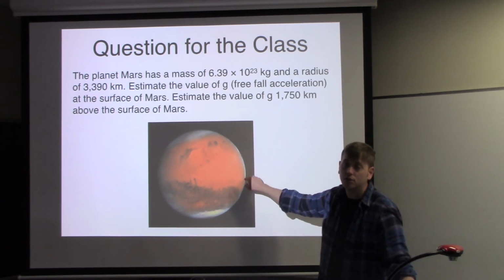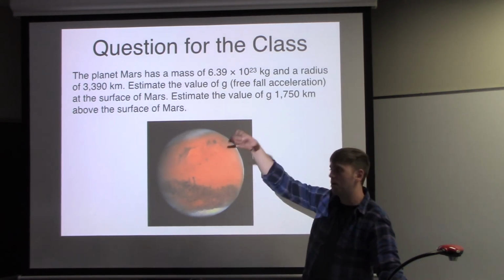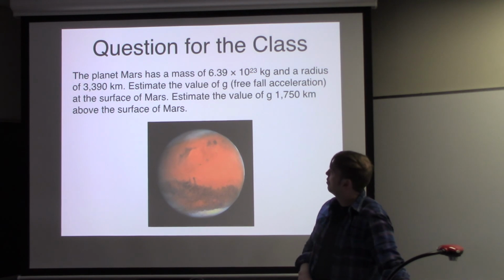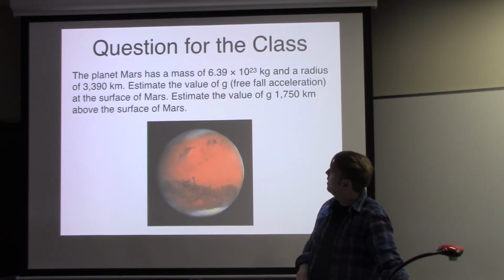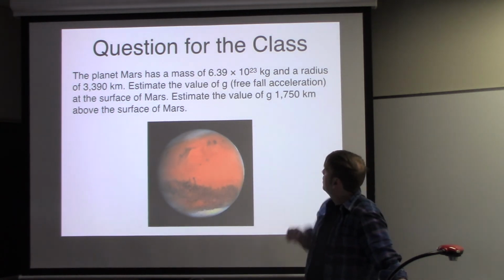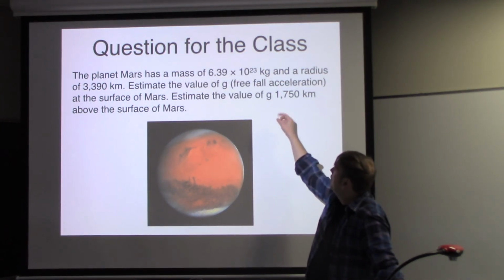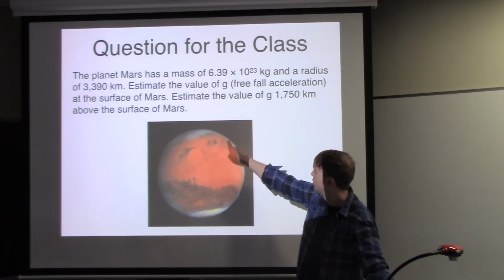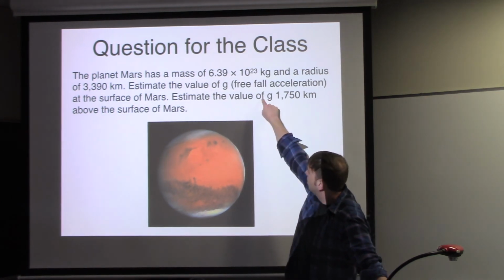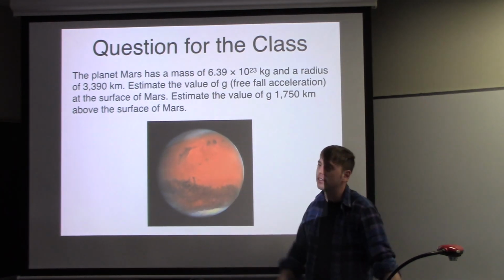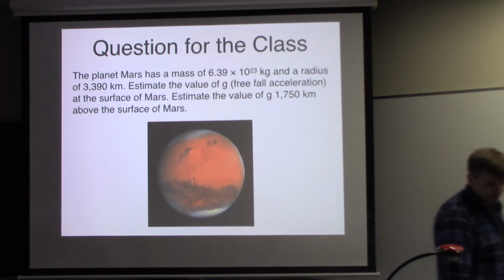So quite literally this means if you're standing on Mars, you drop something, how fast does it accelerate? Then as a follow-up, estimate the value of g if we're 1,750 kilometers above the surface. So now we're not just standing right here, we're above the surface. What's the free fall acceleration in that case?